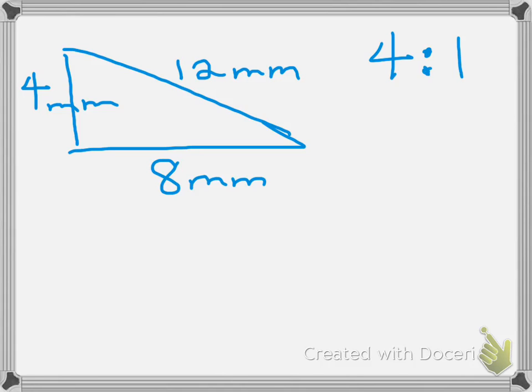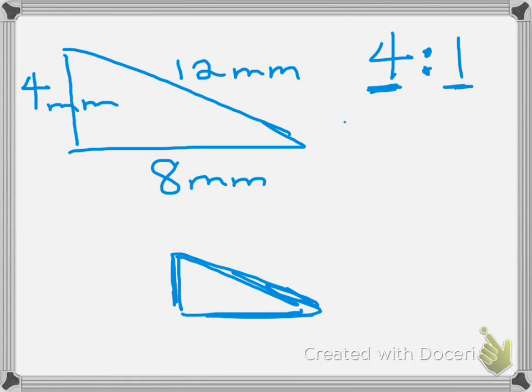So now each one of my measures of my new triangle is going to be divided by 4, because the first triangle, which is my original one, is 4 times as much as the one I'm drawing. So each one of the sides of the new triangle is going to be the original triangle divided by 4.